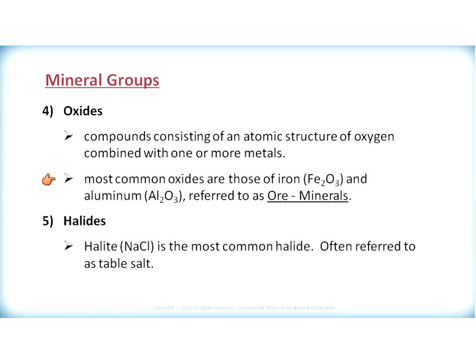The fourth mineral group found within Earth's crust are oxides. Oxides are compounds consisting of an atomic structure of oxygen combined with 1 or more metals. The most common oxides are those of iron and aluminum, and these oxides are commonly referred to as ore minerals.